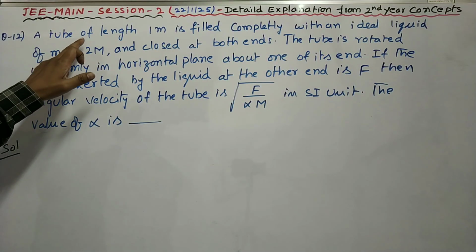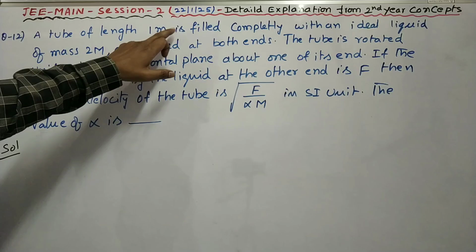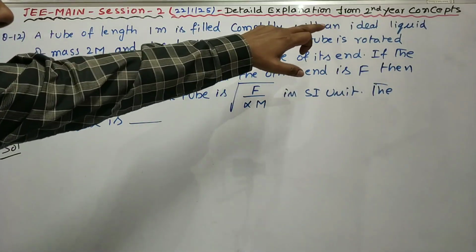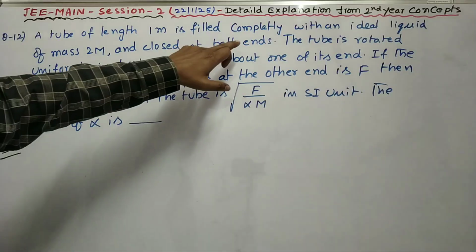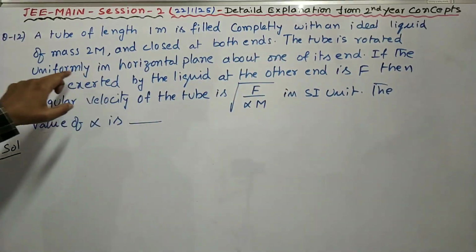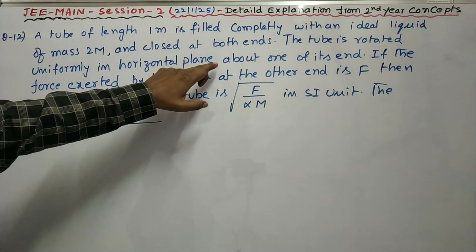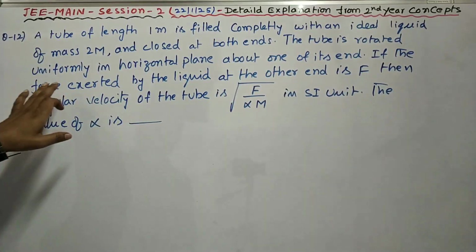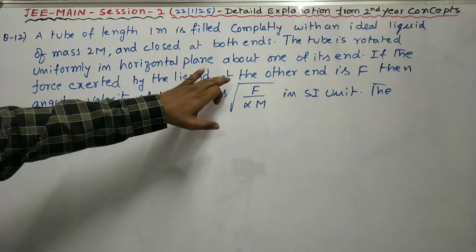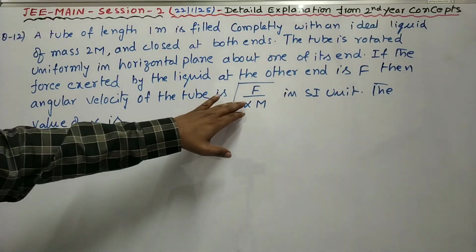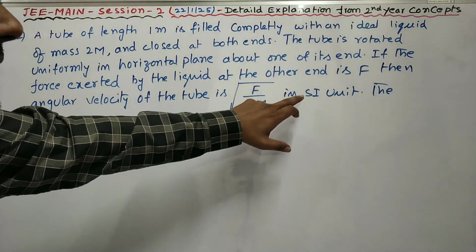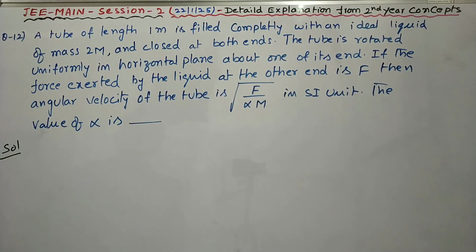The 12th question: a tube of length 1 meter is filled completely with an ideal liquid of mass 2m and closed at both ends. The tube is rotated uniformly in a horizontal plane about one of its ends. If the force exerted by the liquid at the other end is F, then the angular velocity of the tube is root over F by alpha m. In SI units, the value of alpha is?